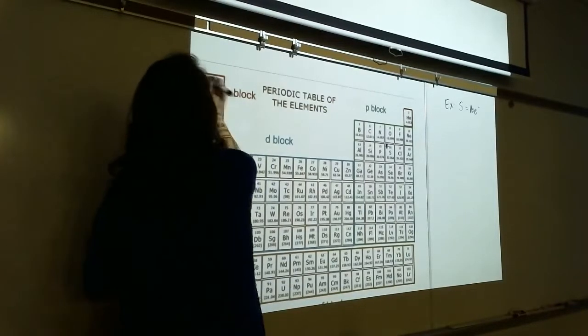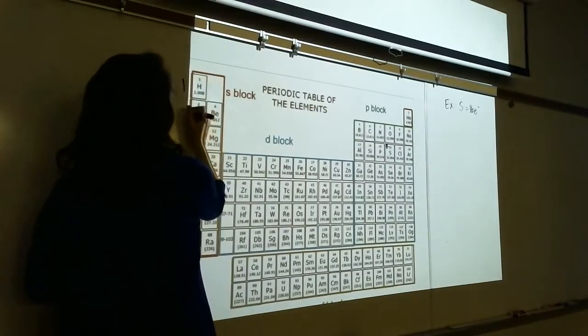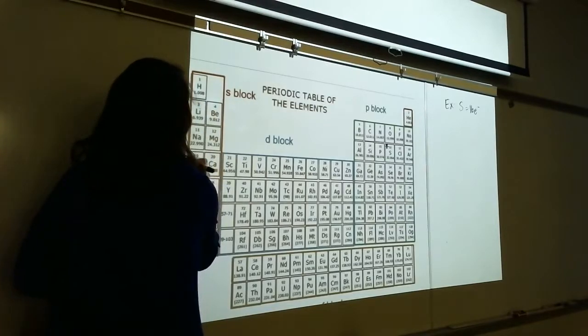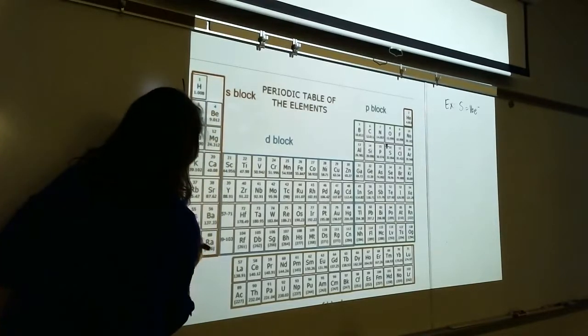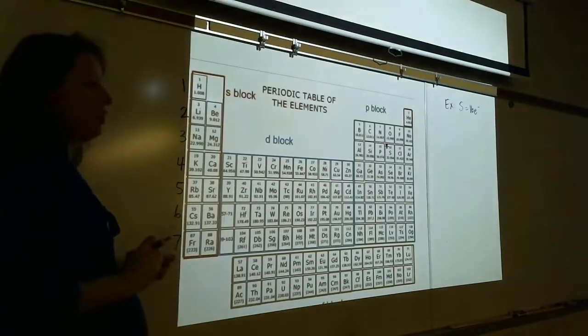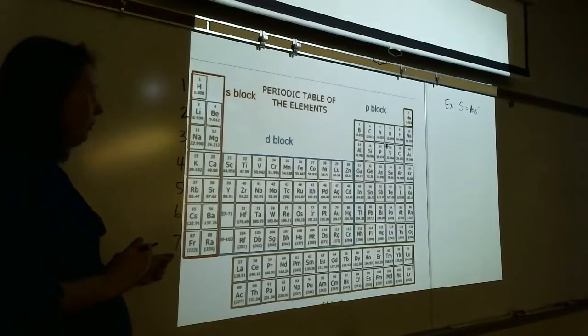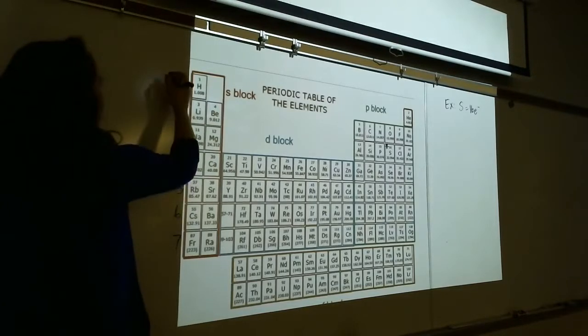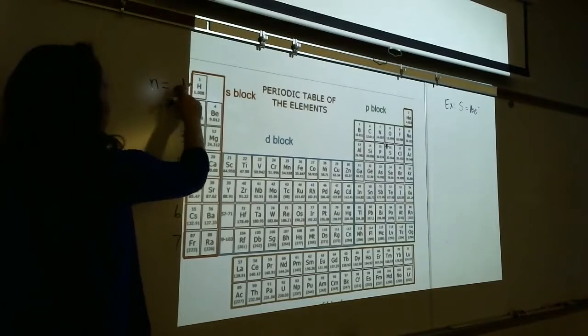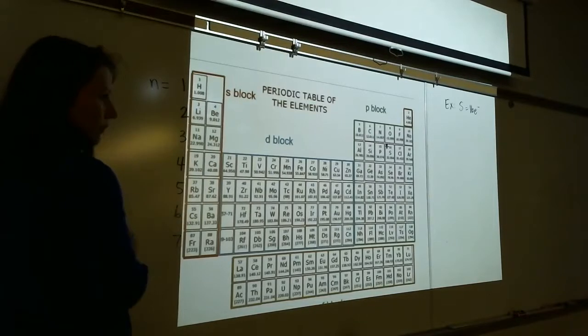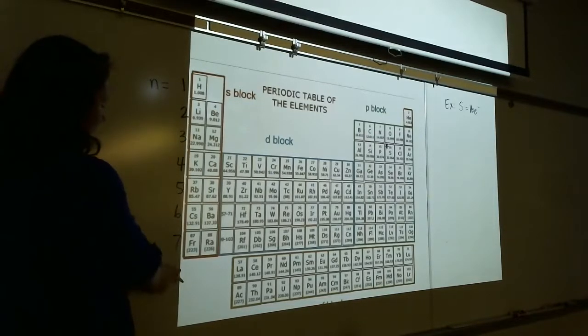The row number is the value of n. Notice this is why I said there's no such thing as 8s. There's no period 8 of the periodic table. This is n equals 1, 2, 3, 4, 5, 6, 7. No such thing as n equals 8, because there's no 8th row.